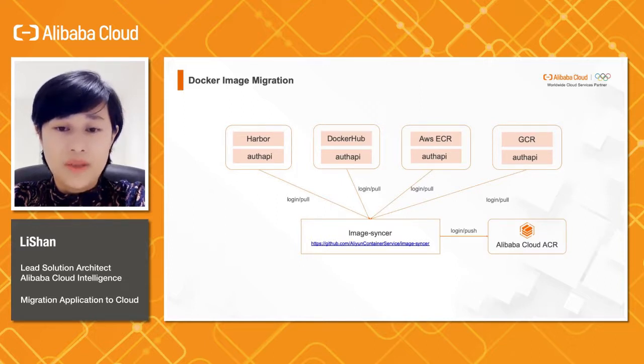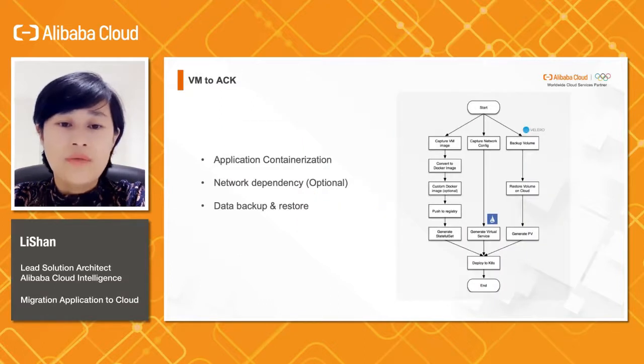Docker image migration. Alibaba Cloud provides a tool named Image Syncer, and we open sourced it. You can get it from this Git repository shown on screen. This tool is able to synchronize Docker images from Docker Hub, AWS ECR, and GCR to Alibaba Cloud Container Registry.